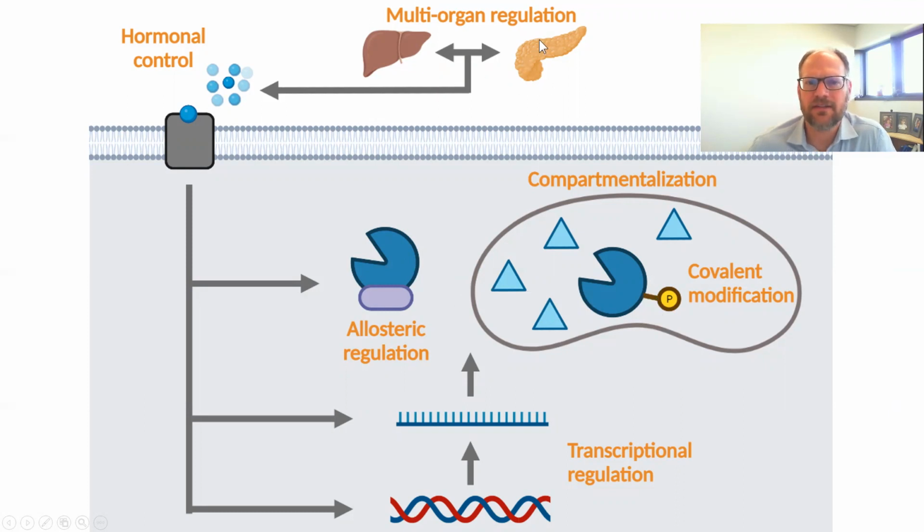There are multi-enzyme or multi-organ interactions that help regulate metabolism. And there's compartmentalization that keeps some enzymes or some pathways sequestered from others. All this can be coordinated through hormonal control or signaling mechanisms. So we're going to go over examples from each of these today, and talk about how they all interact to regulate your body's metabolism.